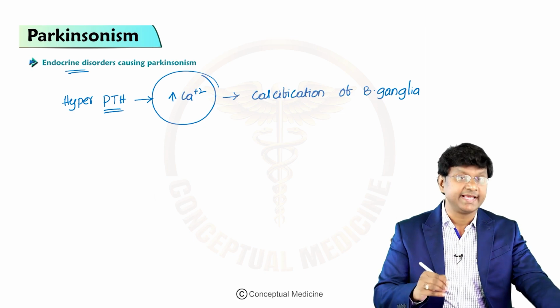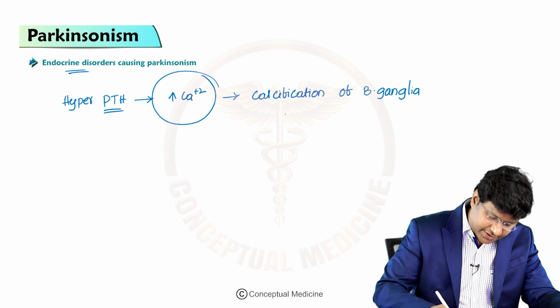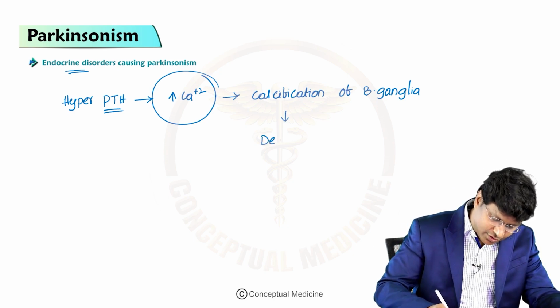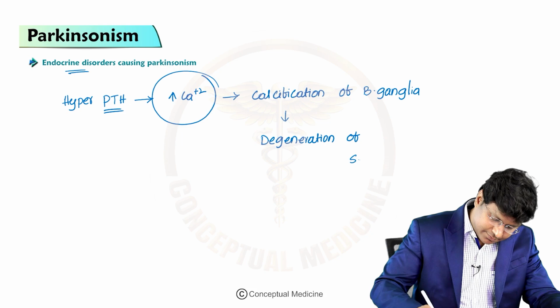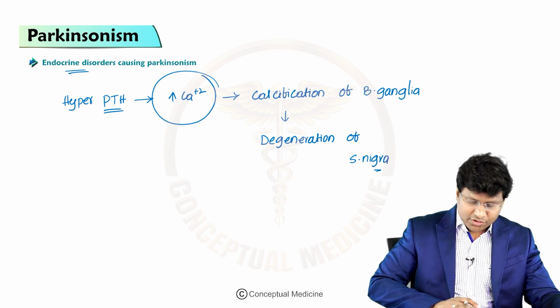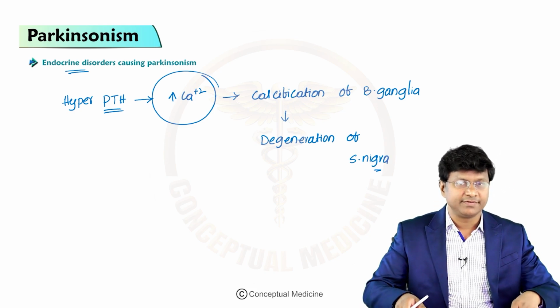Whenever there is calcification of the basal ganglia, there will be degeneration of the substantia nigra. And because of the degeneration of the substantia nigra, there will be a decrease in the dopamine levels.